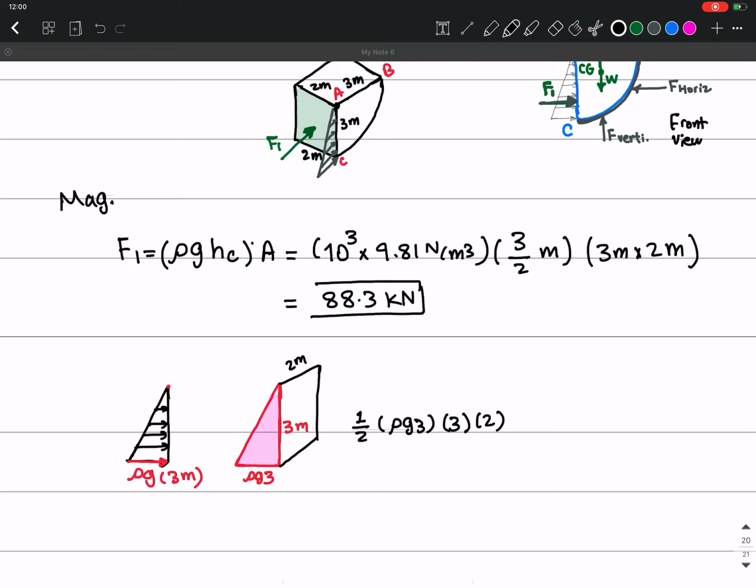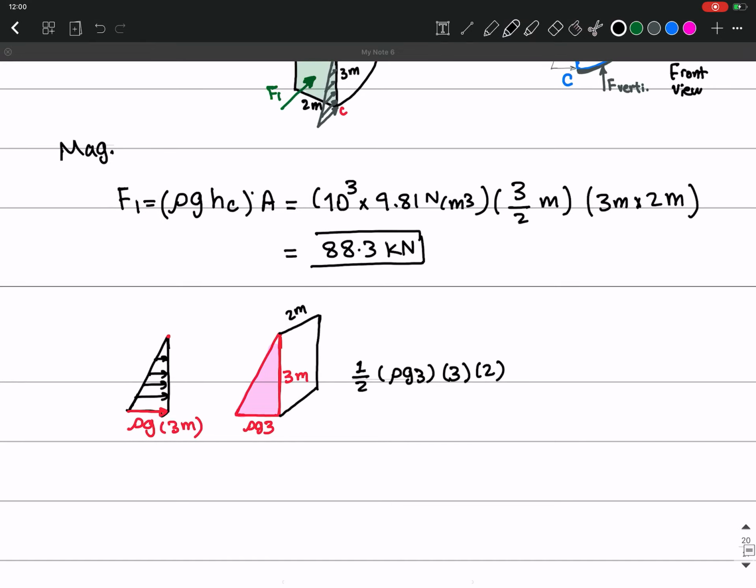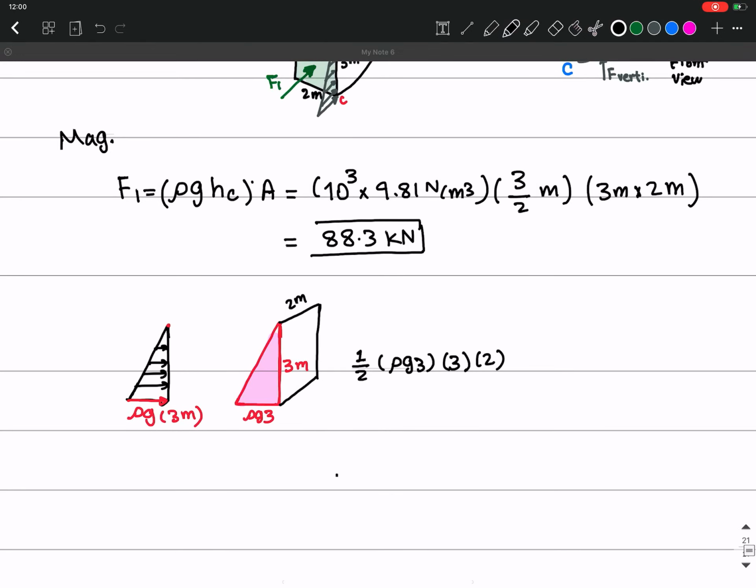Let me show it another way so you better understand it. You want to calculate the volume of this thing. So we have this triangle, and these are all 90 degrees. You have 3 meters here, rho g3 here, and 2 meters here.